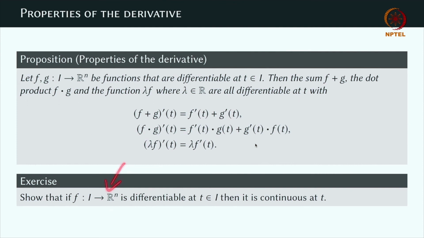Recall from our studies of metric spaces that it really doesn't matter which metric you put on Rn, provided it satisfies the basic property that sequences converge if and only if the component sequences converge. But when I don't mention what the metric on Rn is, you must always take the Euclidean metric, which we have studied in some detail when we studied metric spaces. So under the Euclidean metric on Rn, please show that any differentiable function is automatically continuous.